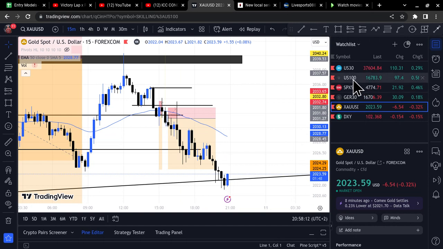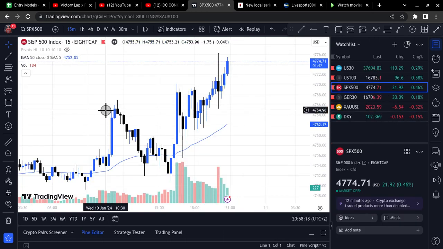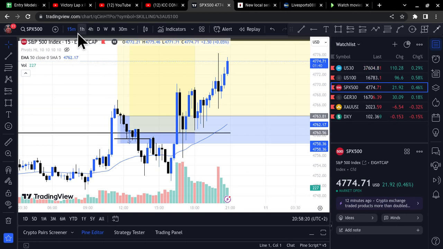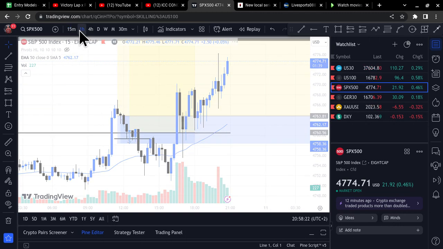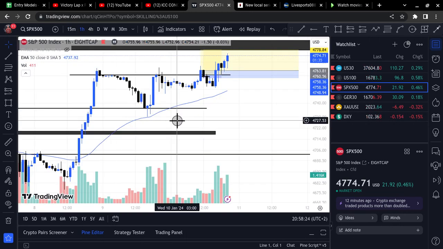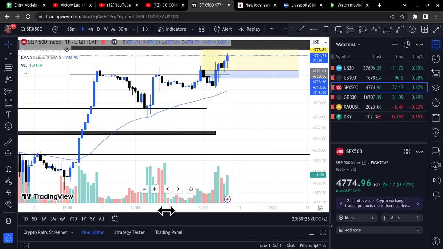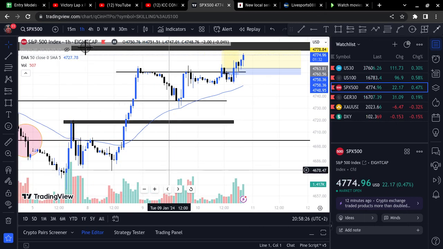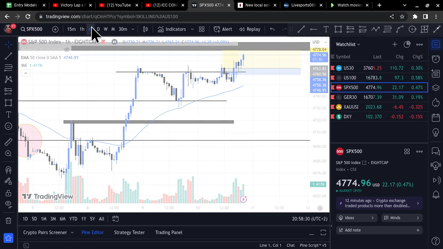Then we had also a really nice setup here on SPX 500. The reason I was trading SPX 500 is because it's pretty much NASDAQ, but a little bit less volatile. We're actually very bullish on SPX.